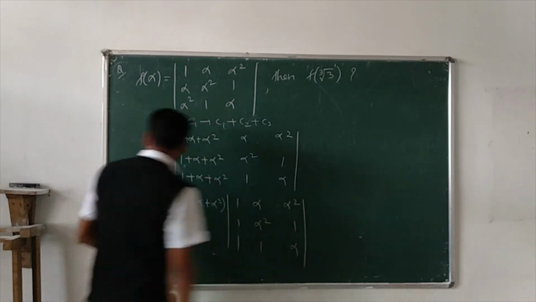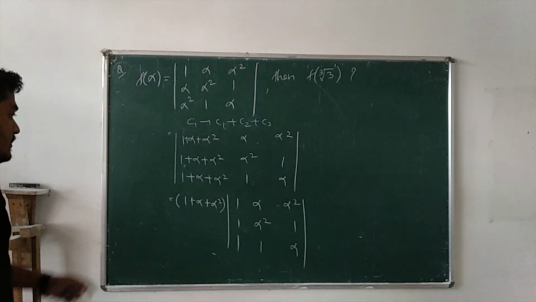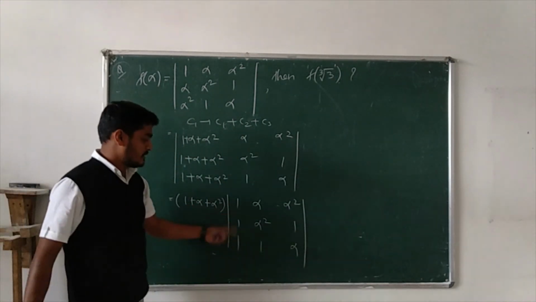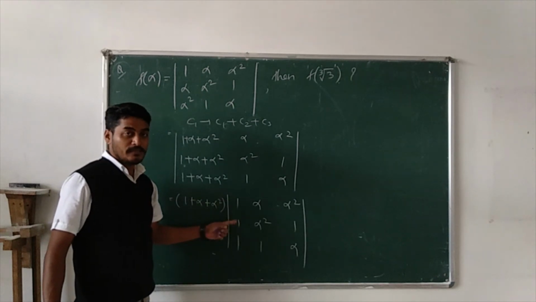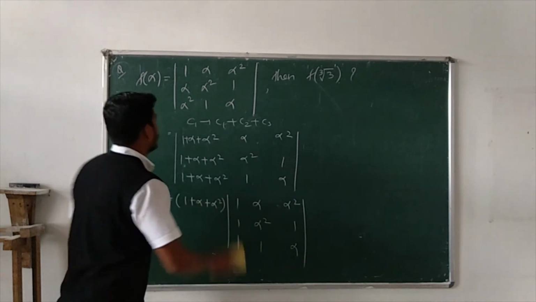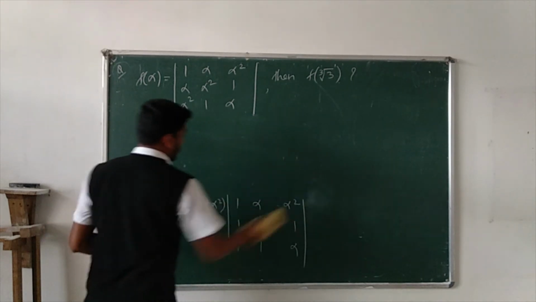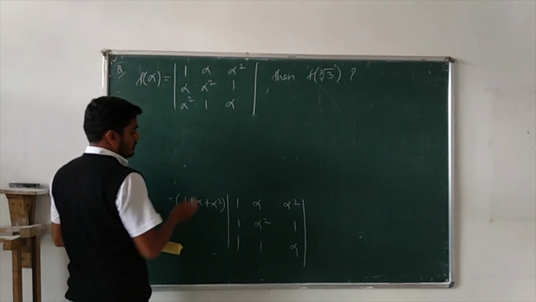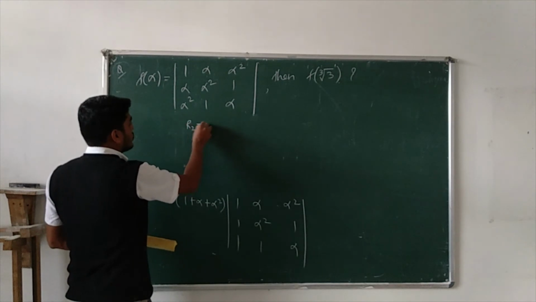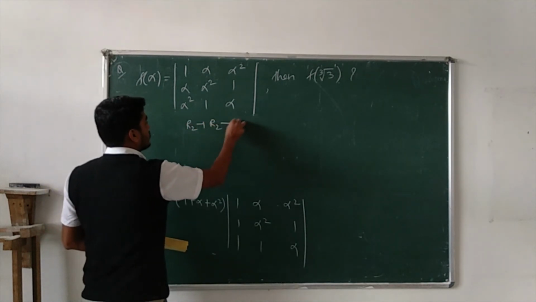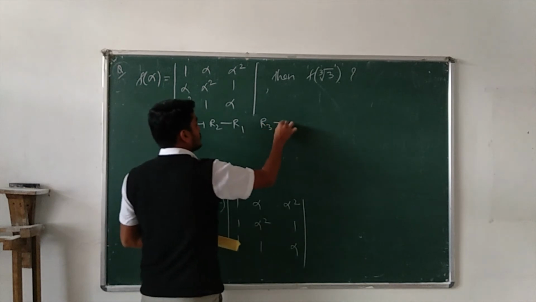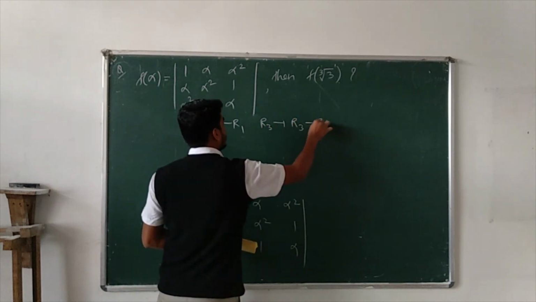So in the next step what we will do, we can easily try to make these two elements 0. I mean each element, that is, we can easily make these two elements 0. So let us try to make it 0. How can we make it 0? By applying the property R2 tends to R2 minus R1, R3 tends to R3 minus R1.